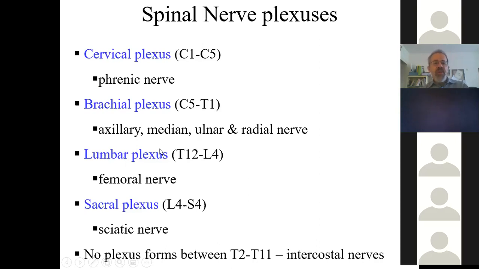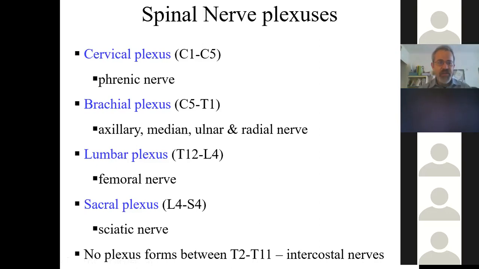Then we have the lumbar plexus, which starts at T12, goes to L4. This is where we have the femoral nerve, which goes down the front of the leg. Other nerves as well, but again, that's the main one. And then we have the sacral plexus, where we have the sciatic nerve, which I'm sure most, if not all of you guys have heard of. Some of you are very aware of it because you have sciatic nerve pain sometime in your life.